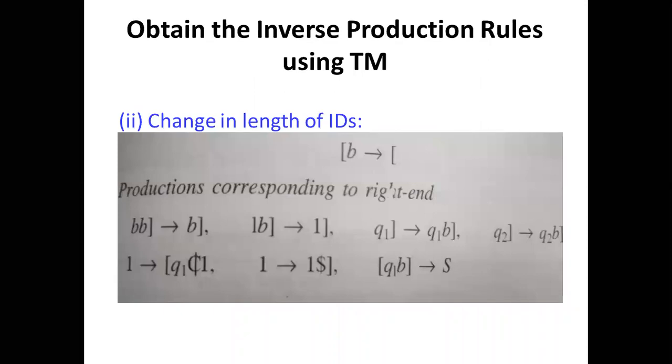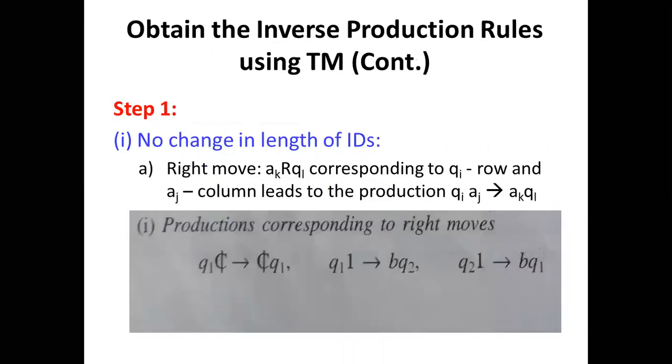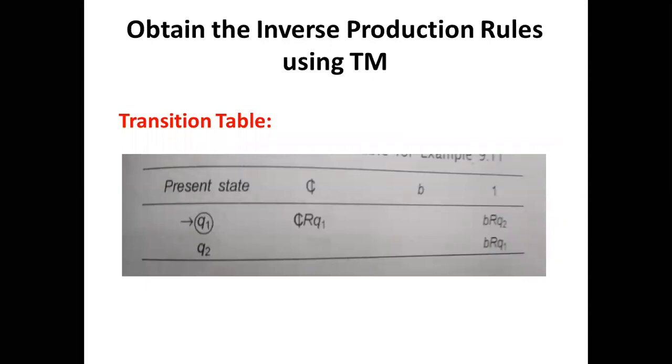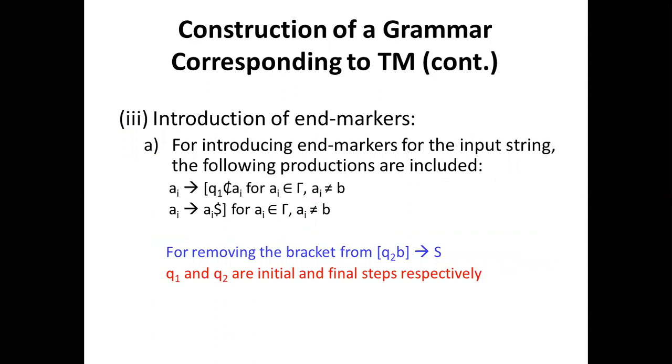If you see here, 1 2, Q1 is a final state, left end marker 1 1 2 1 right end marker right bracket. Also an important point here is that B could also be an input, but AI is not equal to B, so we are not considering B as an input.